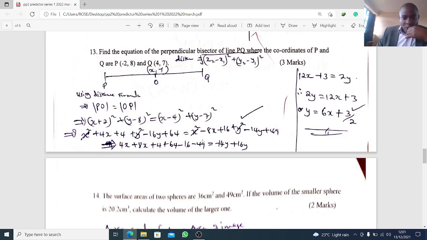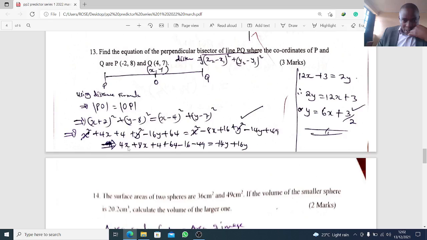So the y squared and the y squared cancel. We remain with, putting the x terms on the right-hand side, 4x plus 8x. This 4x, I bring to the other side, it becomes plus 8x. Then numbers, we have 4 plus 64, then this 16 goes to the other side, it will be minus 16, and 49 goes to the other side, minus 49. Equals, we remain with the y on this other side, negative 14y, we bring this y here, plus 16y.